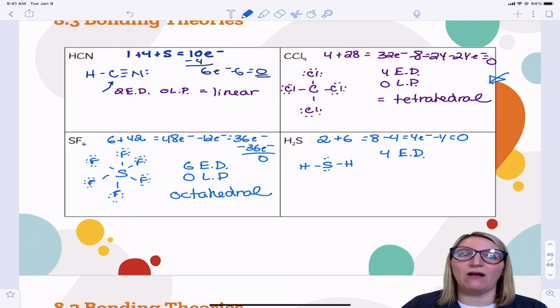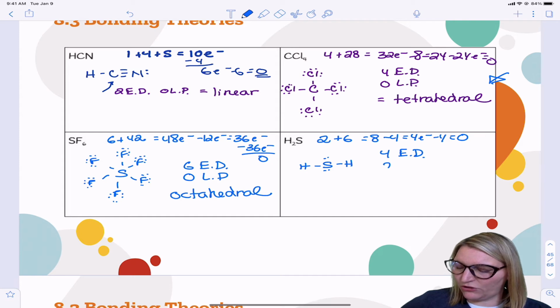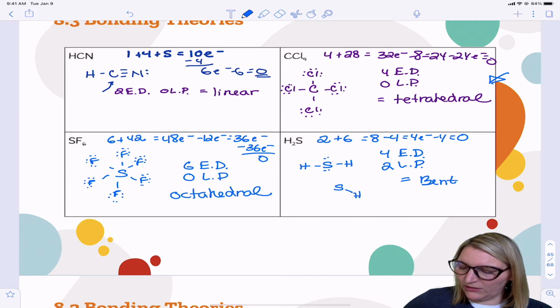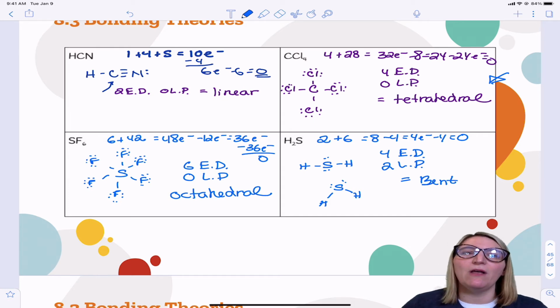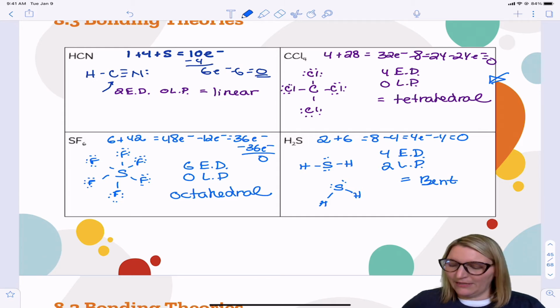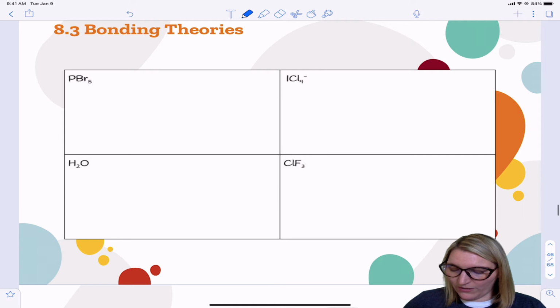And since there are 2 lone pairs, the name of the shape is bent. In reality, and you have seen this mostly with water, this is a more accurate way of representing the 3-dimensional shape of that hydrogen sulfide molecule, dihydrogen monosulfide.